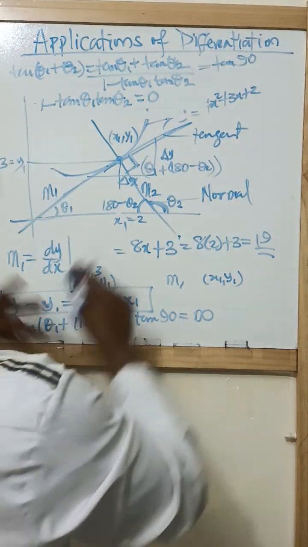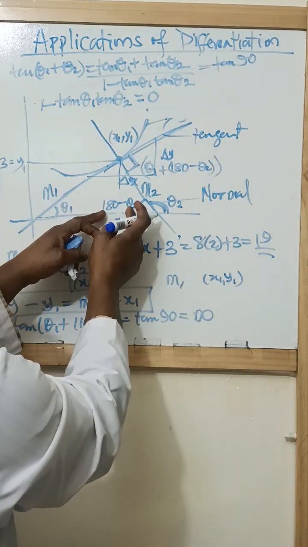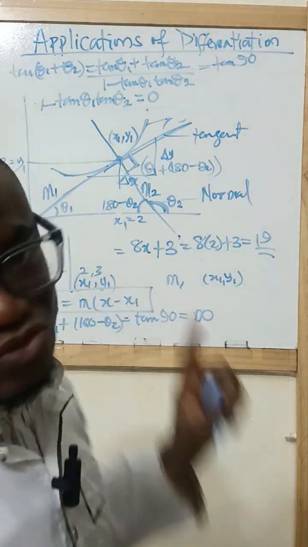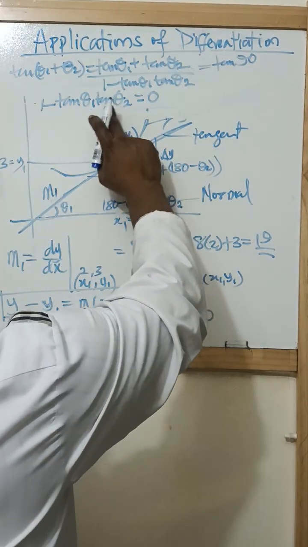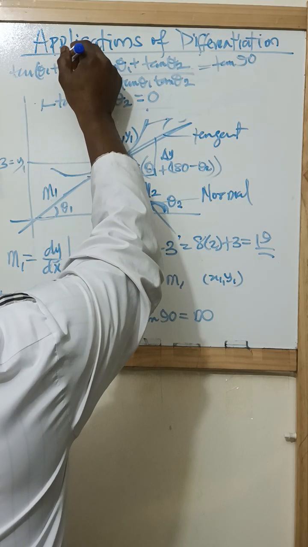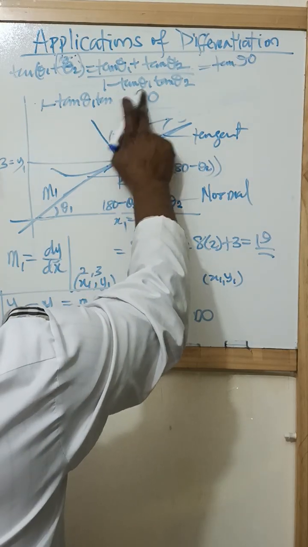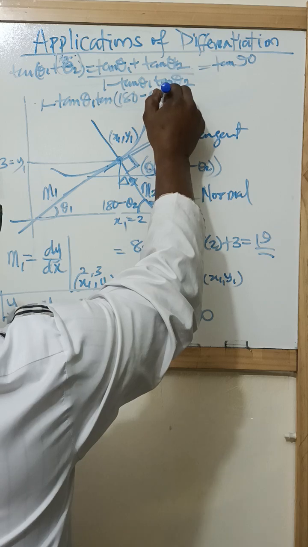Okay? Now, don't forget that this theta 2 here is what? It is this 180 minus theta 2. It's not just this, so we don't confuse them, right? So we call this 180 minus theta 2. This is supposed to be 180 minus theta 2.